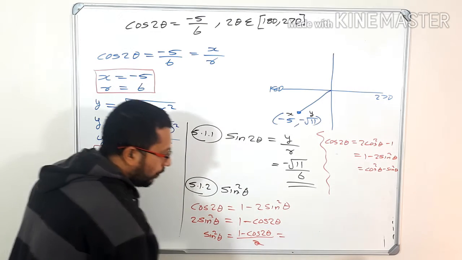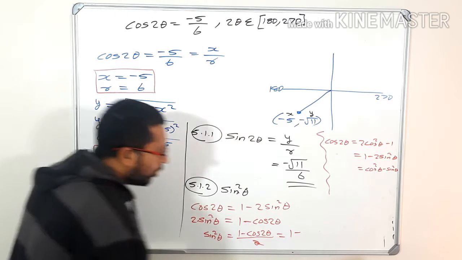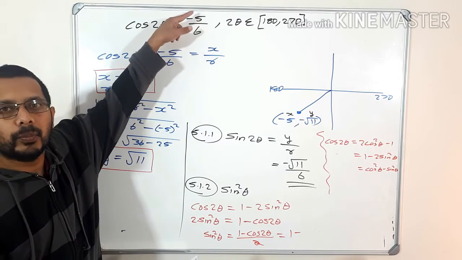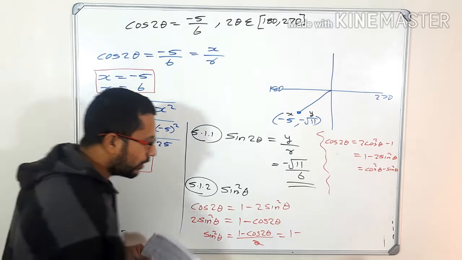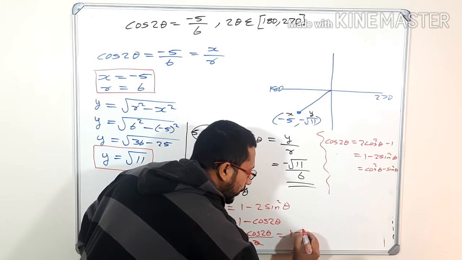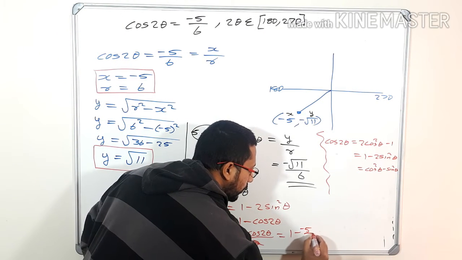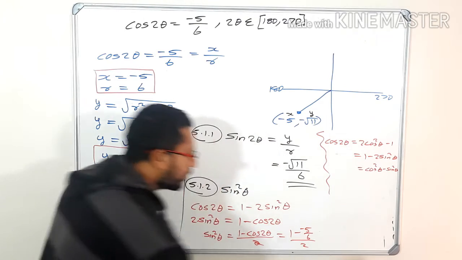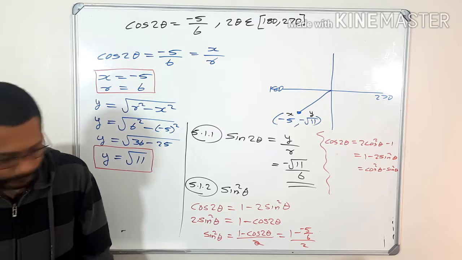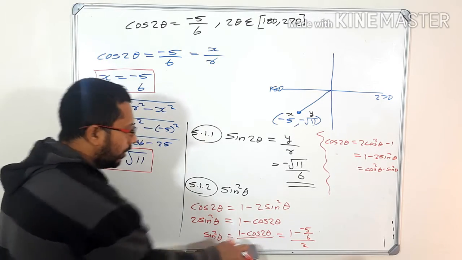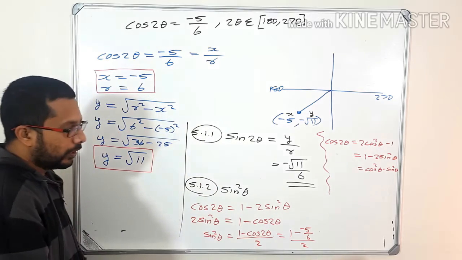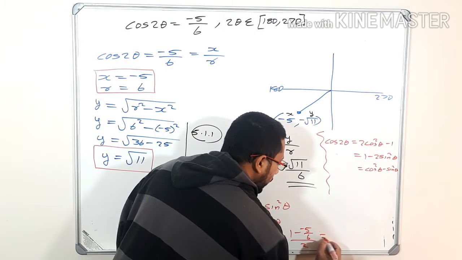1 minus cos 2 theta, it is given in the question. What is cos 2 theta? Minus 5 over 6. So we can substitute here: 1 minus minus 5 over 6, divided by 2. Take your calculator and try to find the answer.